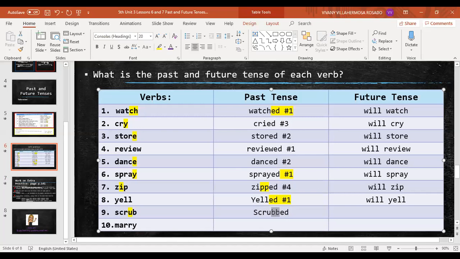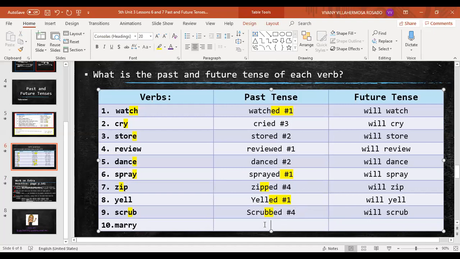And I'm going to highlight the consonants so that we know, yes, we did double the consonant here, and we are using rule number 4 according to this table. And now we form the future. We add will because it's the helping verb, and then we keep scrub in its base form, and then we formed the future tense, will scrub.